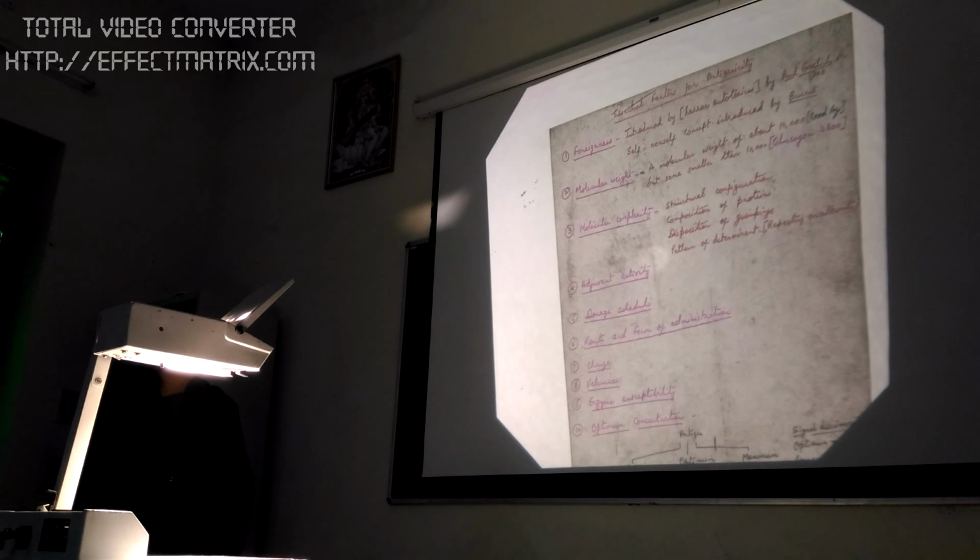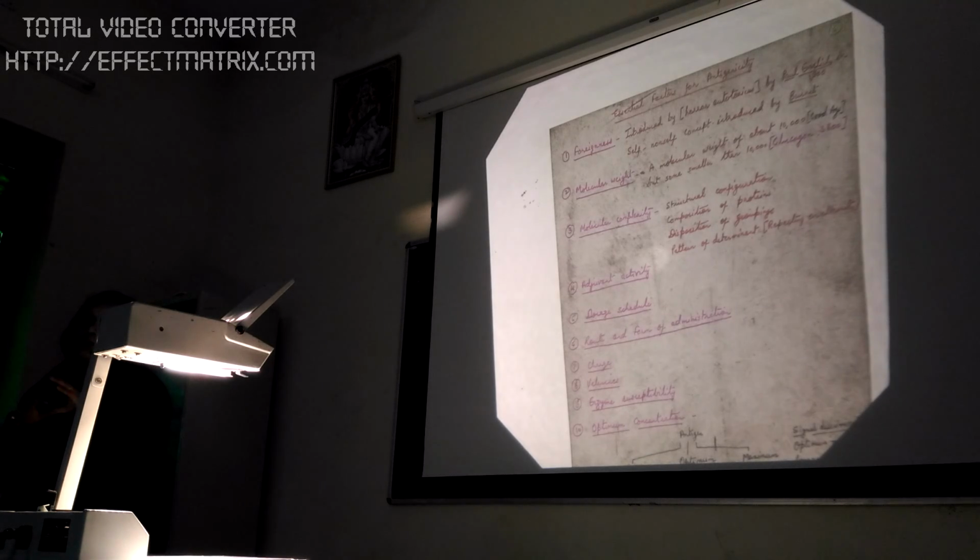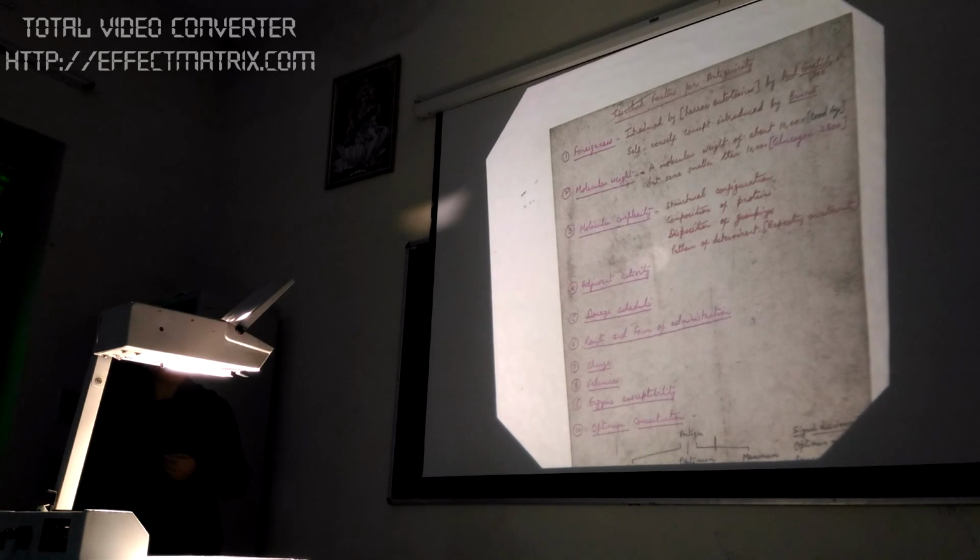A molecular weight of about 10,000 is considered a good antigen. Sometimes smaller ones, like glucagon, are also considered good antigens. Otherwise, very heavy and very low molecular weight antigens are not considered good antigens. And you can enhance the antigenicity of a low molecular weight molecule by adding adjuvants. From complete and incomplete adjuvants, you can enhance the antigenicity.